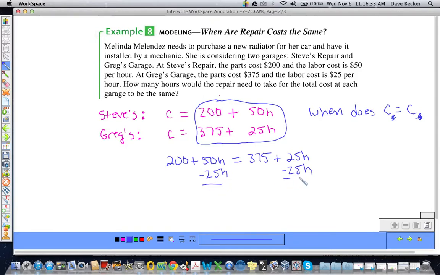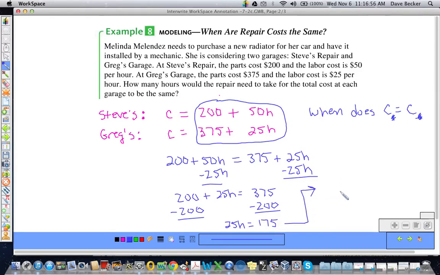Okay, and so now I have 200 plus 25H is equal to 375. And now I'm going to subtract 200 from both sides, and I have 25H equals 175.